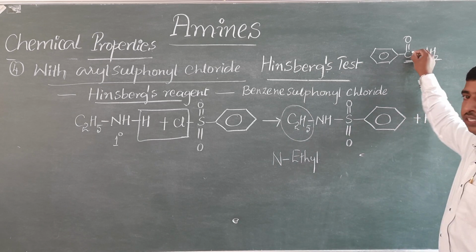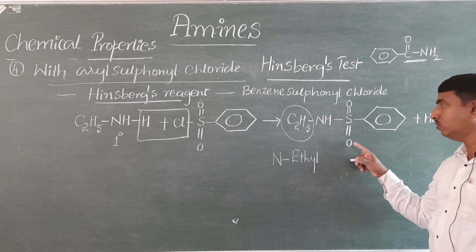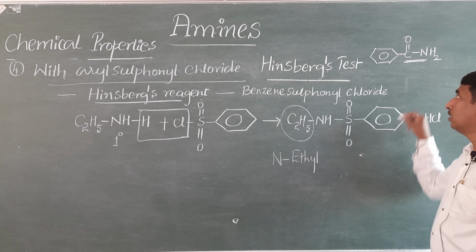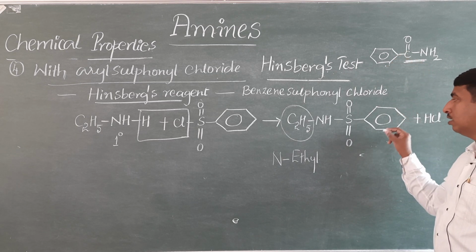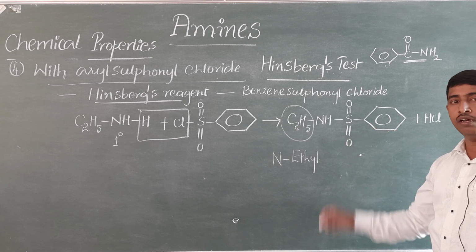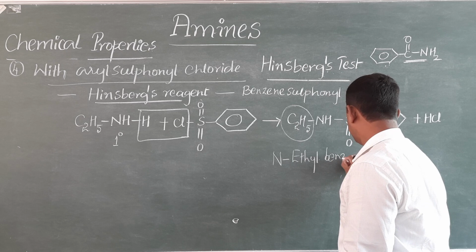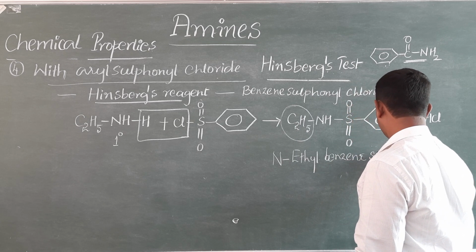So in the place of C double bond O, we have S double bond O, S double bond O. So the compound can be named, instead of benzamide, as benzene sulfonamide.